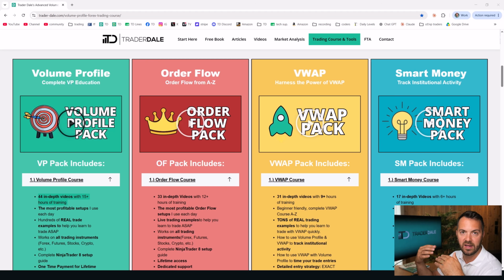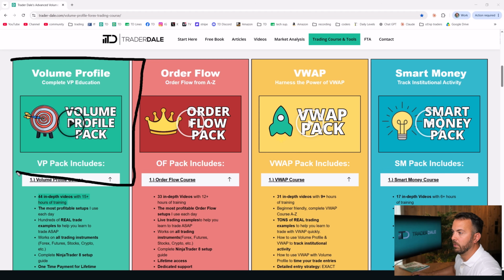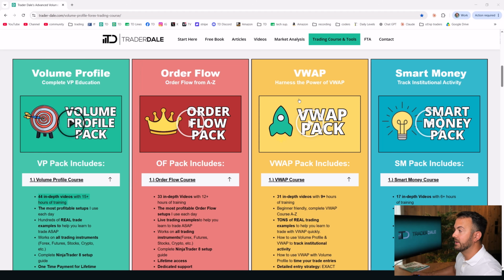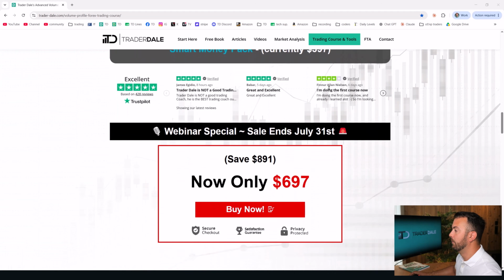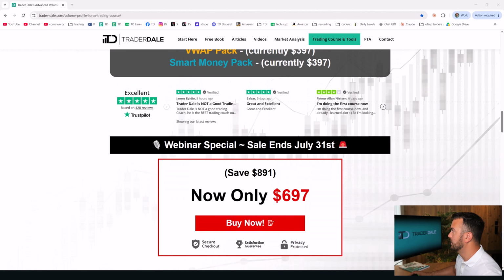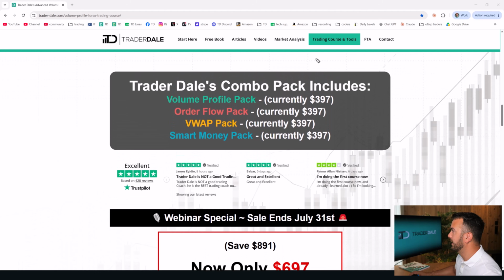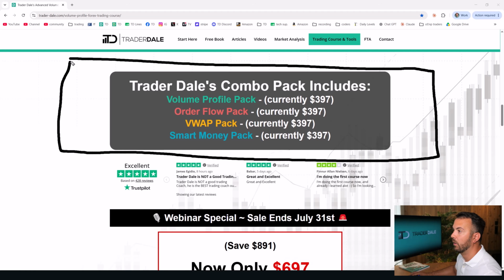Those are the levels that I'm going to trade that day, for our members, but only for the members of the volume profile pack. So it's available only in this pack, not in the order flow pack. But as I said, what I recommend is getting the combo pack at the bottom of the page here. This one includes all the packs, so it also includes the daily and swing trading levels.